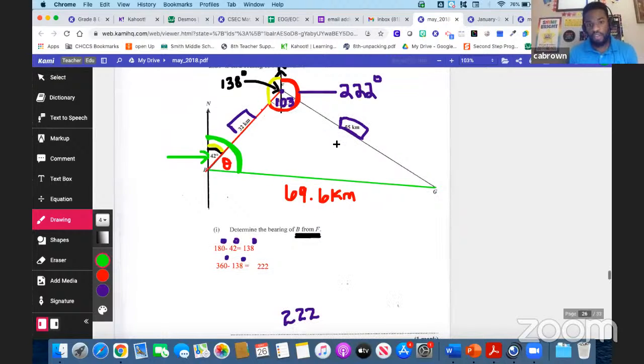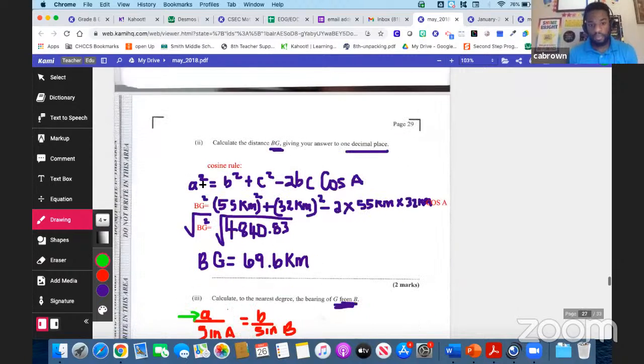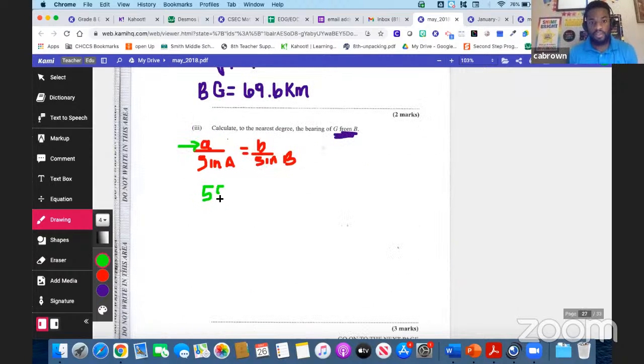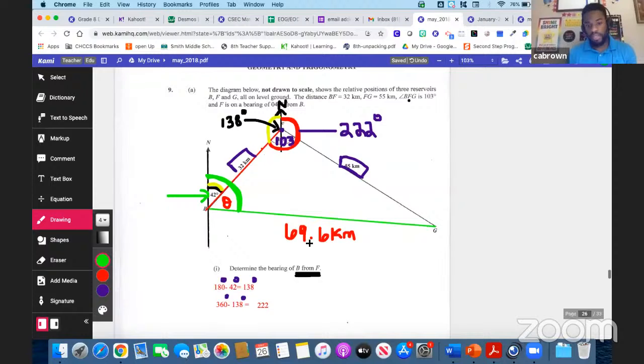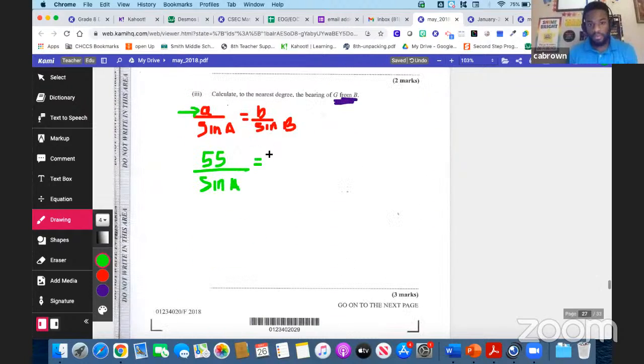So I'm going to say 55 over sine A, and that's going to be equal to the length that we just found, 69.6, over sine 103. Pretty much from here, all we're going to be doing is cross multiplying and substituting. Our aim is to find out what this angle is.